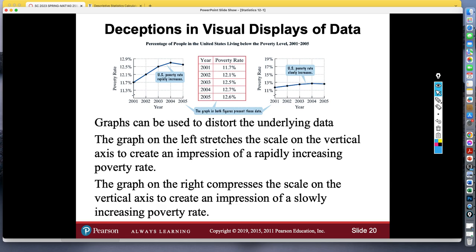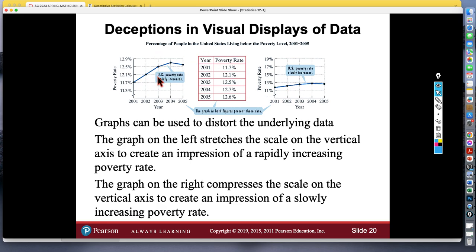One of the things we want you to do is be careful about deceptive graphs. Oftentimes in newspapers they put things, and so what about this last graph on the right and the first one? What's deceptive about these? Because they're the same graph.